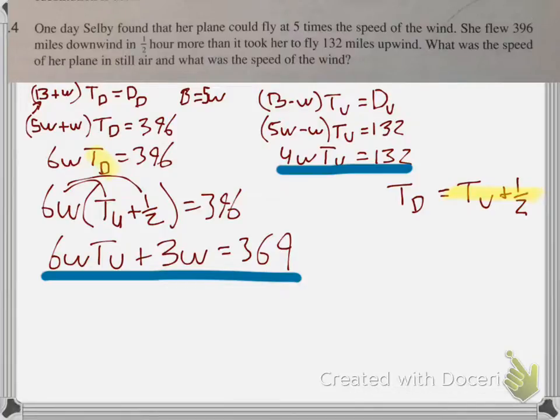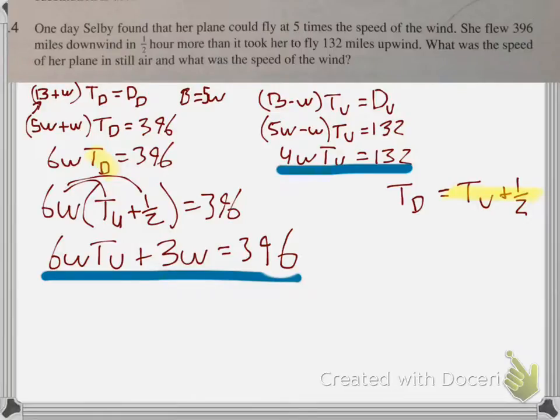So that might get a little tricky there. So could I just use simple substitution? Actually, no. Oh, TU equals. That was my bad. Okay, 396. Sorry.